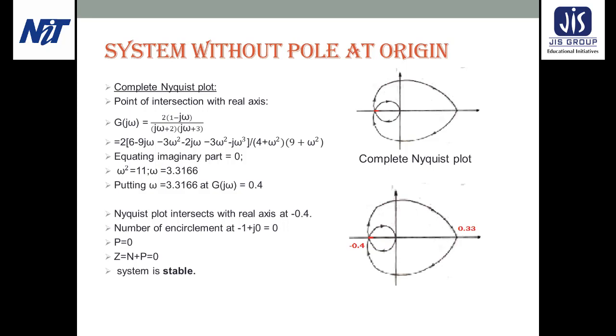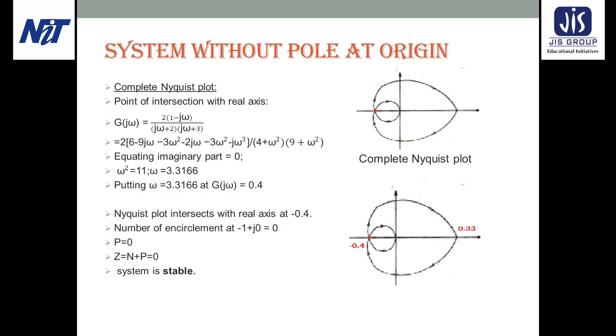So it is very important to find the number of encirclements at minus 1 plus j0. That means the contour in the Q(s) plane is identical to the contour in the G(s)H(s) plane if we shift the origin from 0 to the minus 1 plus j0 point. Hence the Nyquist plot is the mapping of the Nyquist contour C in the GH plane, with the origin shifted from 0 to the minus 1 plus j0 point.